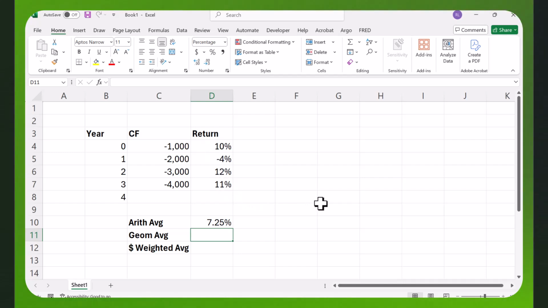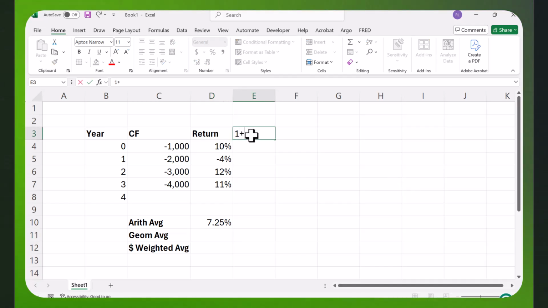For the geometric average, we're going to add 1 to each one of these values, multiply them all together, raise it to the 1 over 4 power, and subtract 1 from it. In this case, we're getting compounding here.